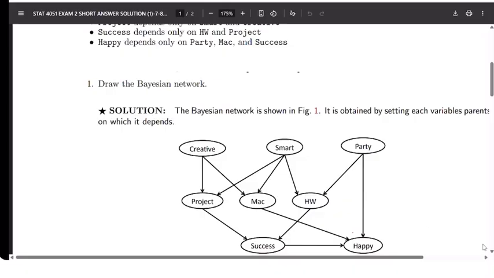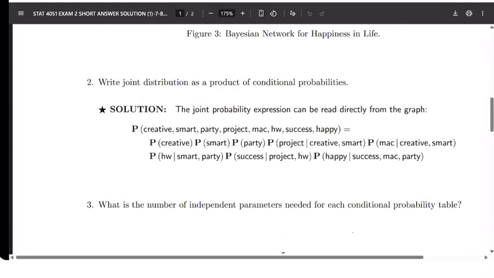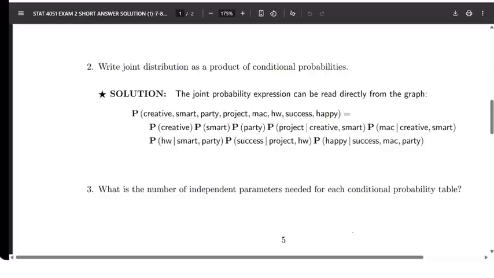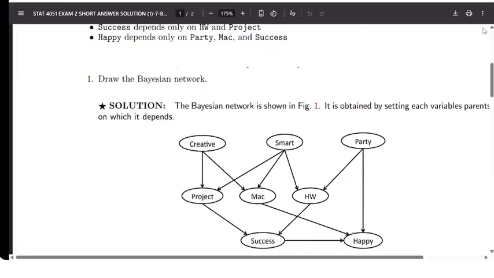Now, the next thing is to write the joint distribution as a product of the conditional probabilities. When I say the joint distribution, I want the probability distribution of the joint occurrence of all the variables. What are you going to do from the network?